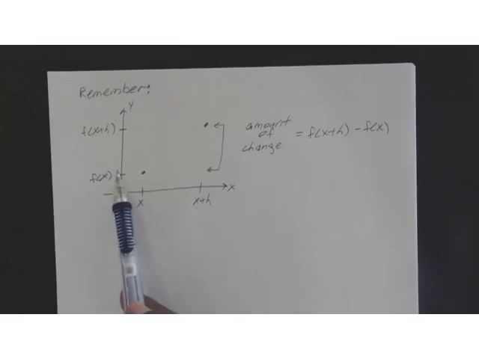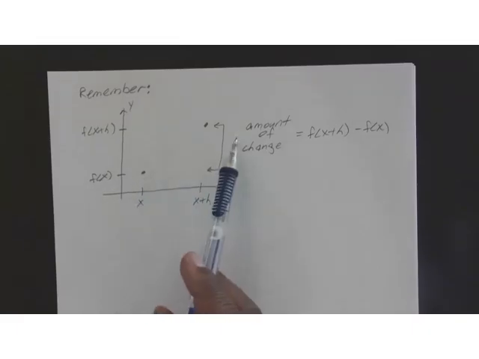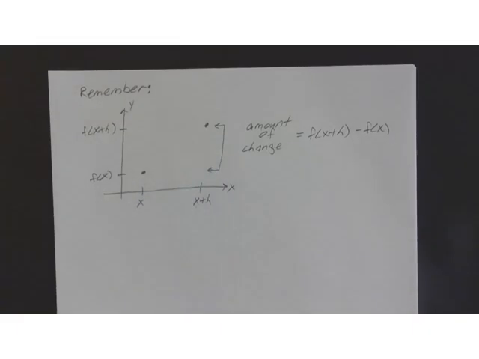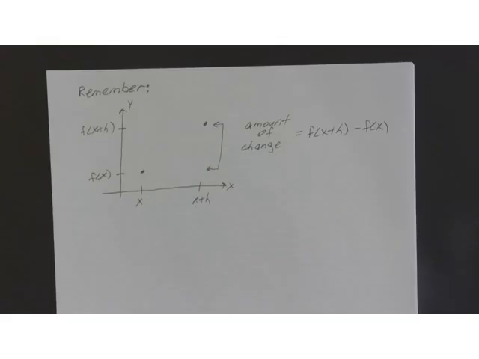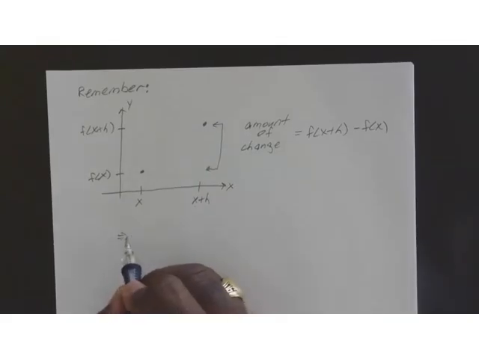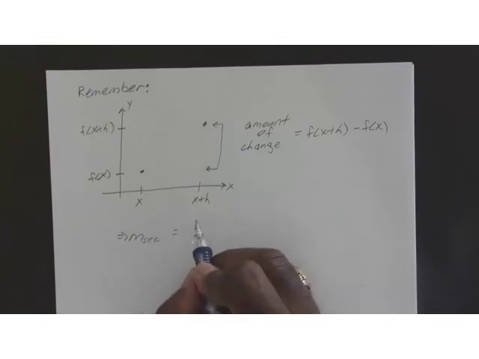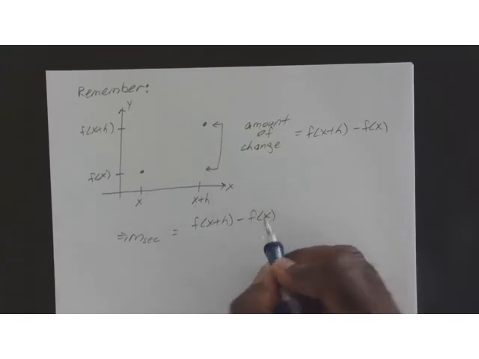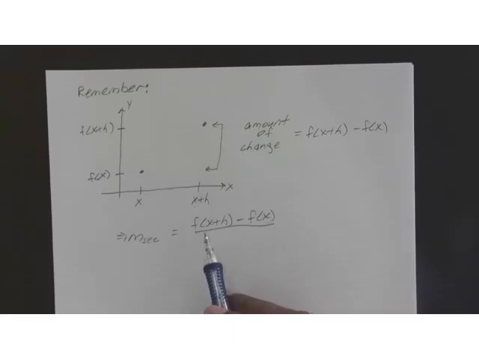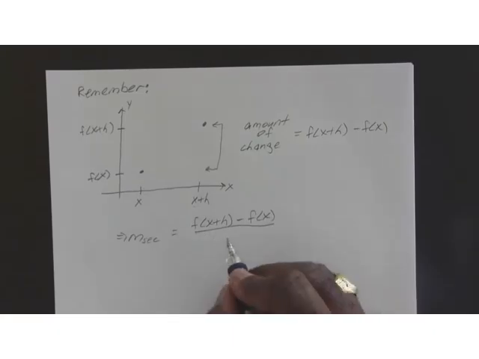Now, we had some graph written in there where those 2 points appeared. The line between those 2 points, remember, is the slope of the secant line: f of x plus h minus f of x all over x plus h minus x, which is just h.